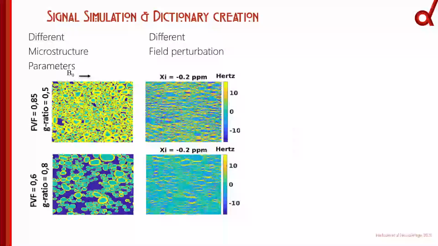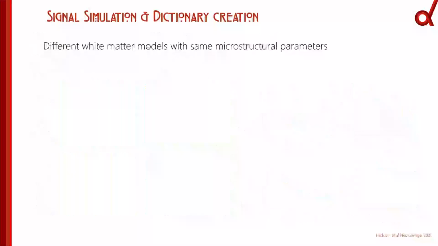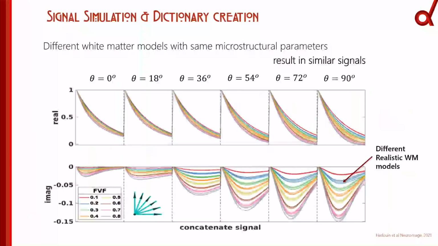And having these, it means that we can have different white matter models with different FVFs and different G ratios, and we can simulate the field perturbation and go on to simulate their signal. And we can not only simulate the signal for this one model, we can also simulate how the signal depends on the orientation of this realistic white matter model with respect to the magnetic field.